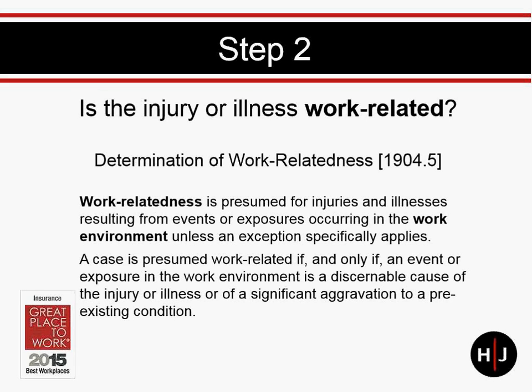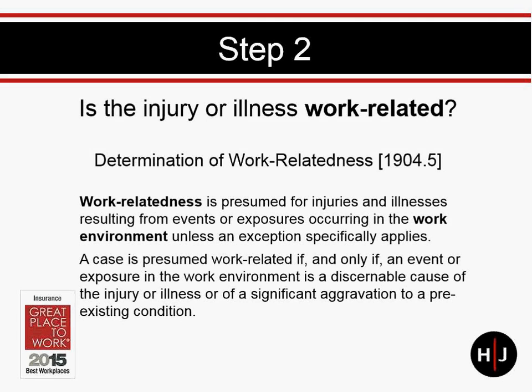Many people confuse workers' comp with OSHA 300. They are very similar, with some differences. Usually, you can take a lot of the definitions within workers' comp and relate them back to OSHA record keeping. This is one of those cases where you can do that. Work-relatedness, as defined by 1904.5, is similar to the workers' comp definition.